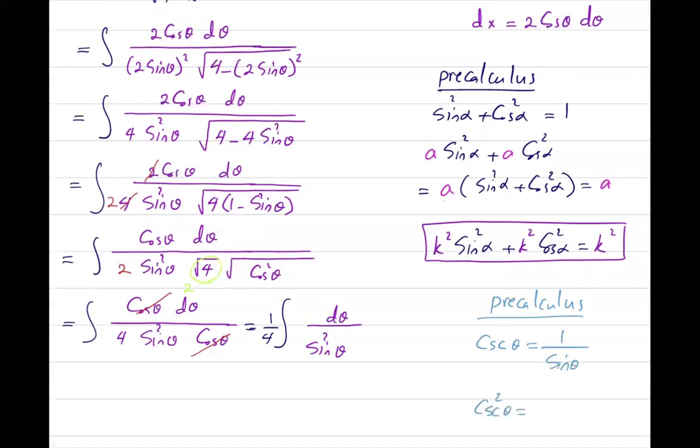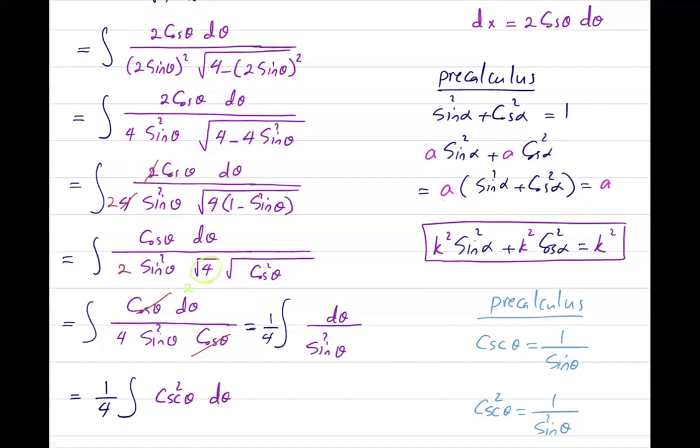Cosecant squared of theta is 1 over sine squared of theta. So this integral can be written as 1/4 the integral of cosecant squared of theta d theta, that we already know how to deal with.